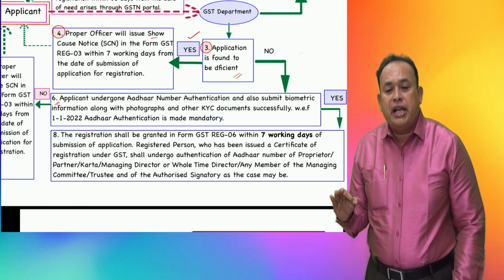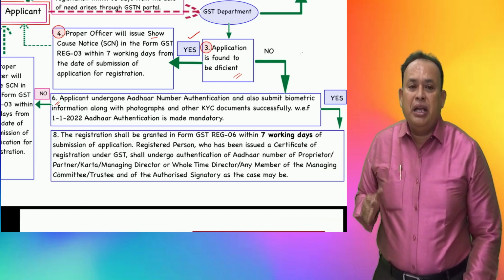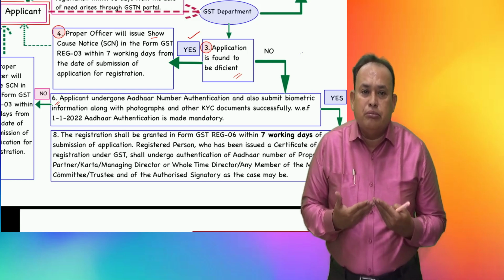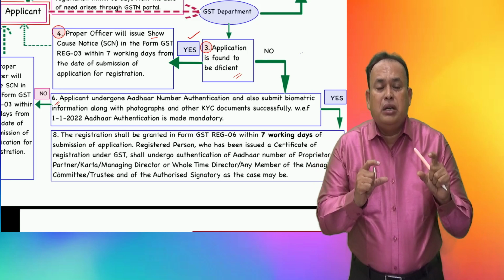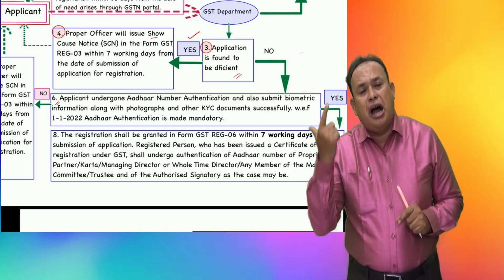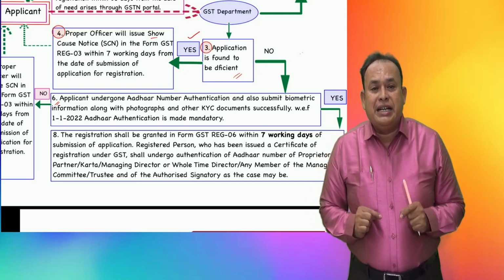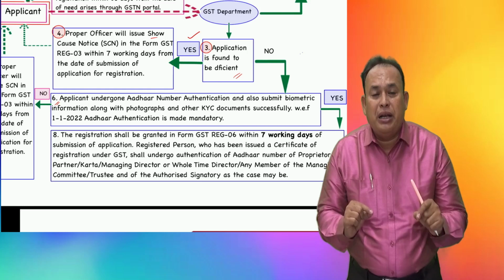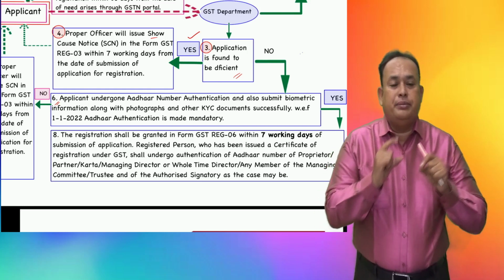Aadhaar authentication is made mandatory, meaning that when you give your Aadhaar number to authenticate it, the GST network portal will interlink with the Aadhaar and an OTP will be generated and sent to the registered mobile number that you have given to the Aadhaar.